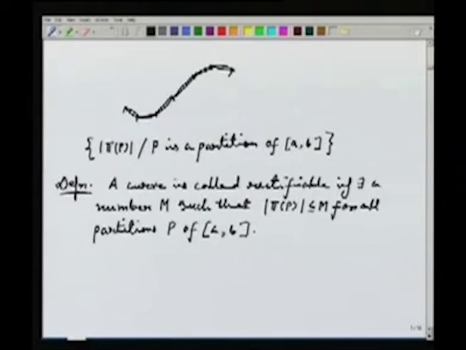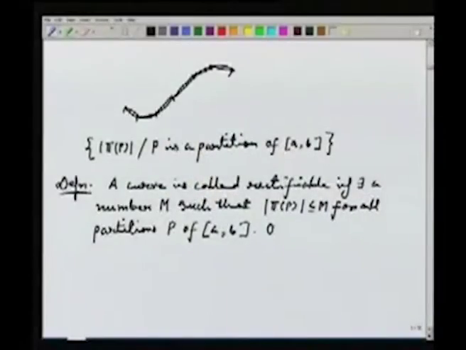Okay. The idea is that if I can get a rectifiable curve, perhaps I can go for defining the length of that curve. Well, if no such number M exists, those curves are bad curves, they are called non-rectifiable.